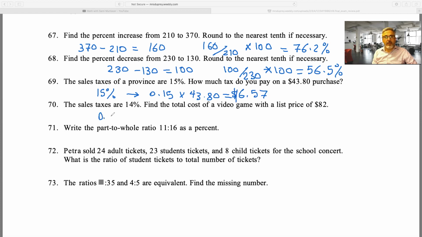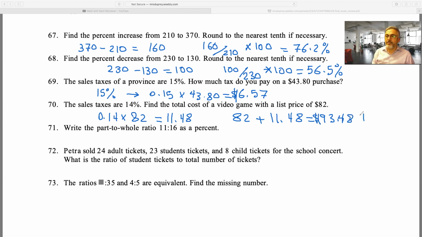That will be 0.14 times 82, and that will give me $11.48. Now you go 82 plus $11.48, and that will give you $93.48 in total.